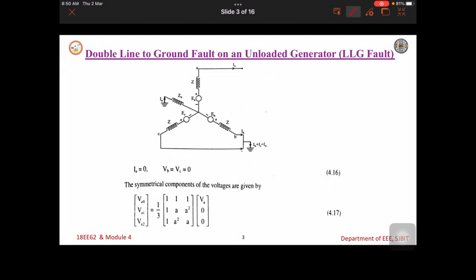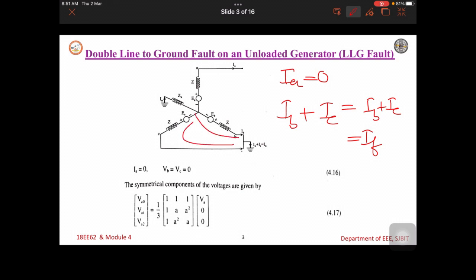Since the generator is unloaded, the IA value will be 0, and if you apply KCL, IB plus IC is the fault current. And see here, the B and C phases are connected in parallel, therefore VB is equal to VC, and it is grounded, therefore this value will be 0 if you consider it directly shorted.